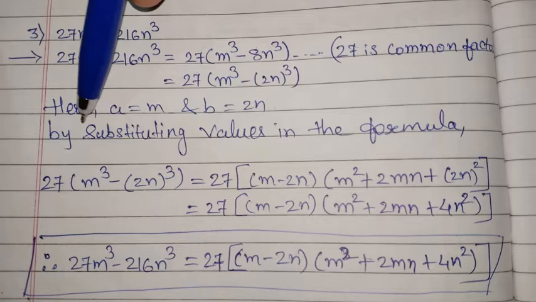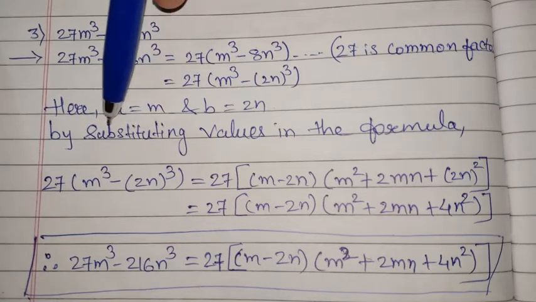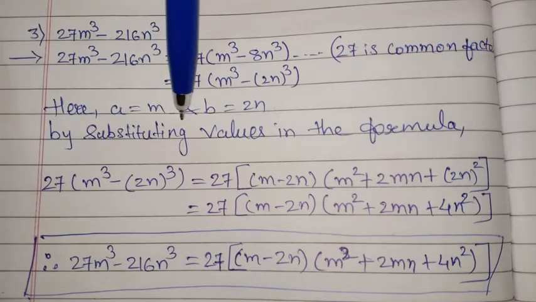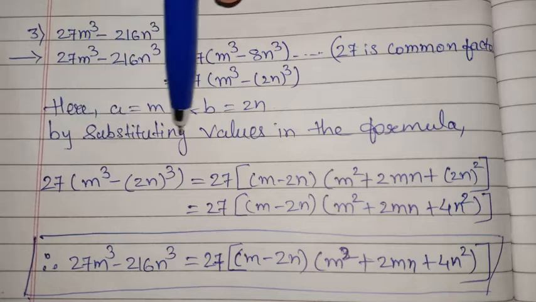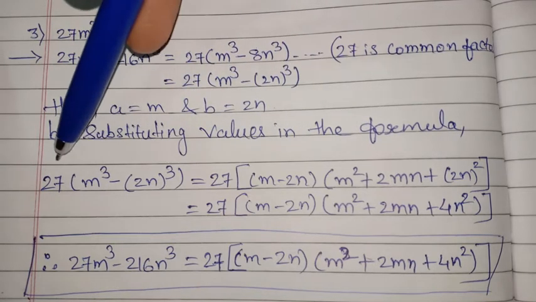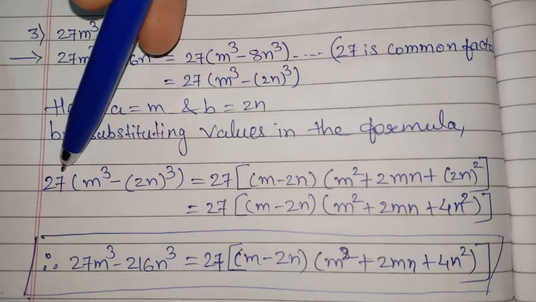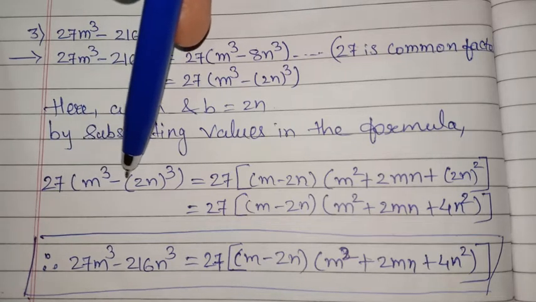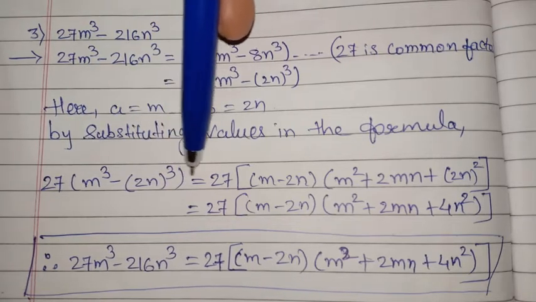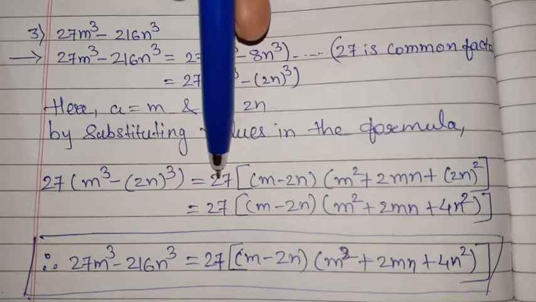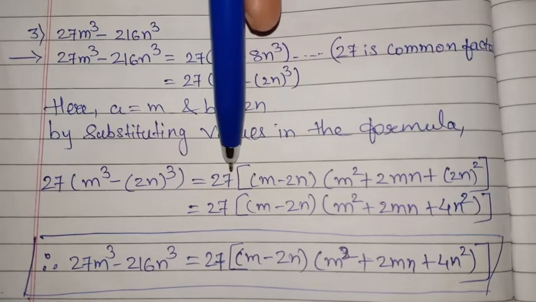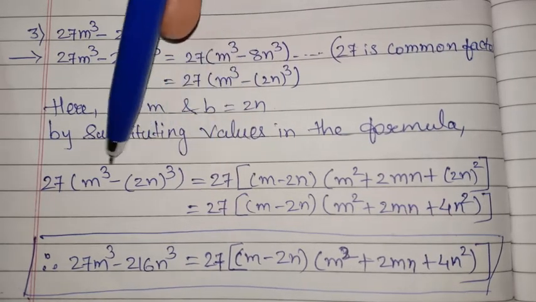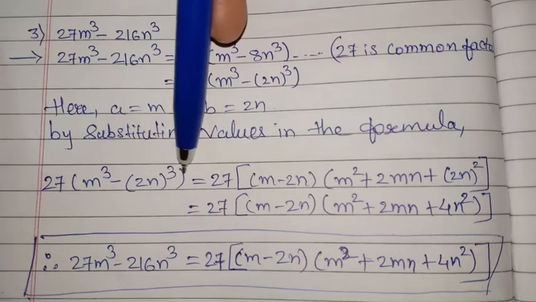See here, after writing a and b values, you have to write down formula. By substituting values in the formula, you will get 27 into m cube minus 2n cube is equal to, again see, 27 as it is we have to write common. But only this bracket we have to consider while solving.